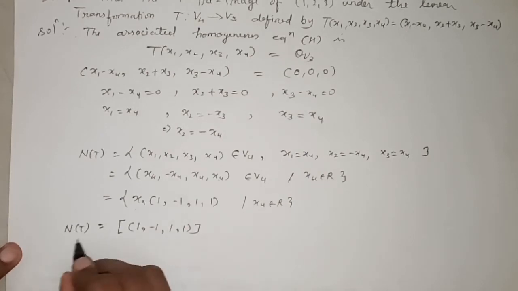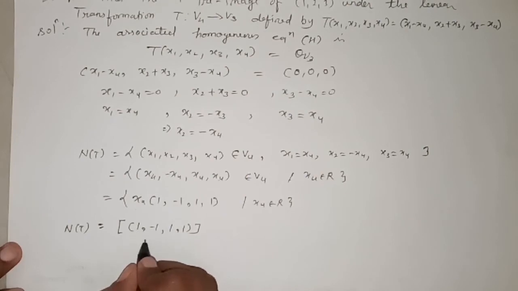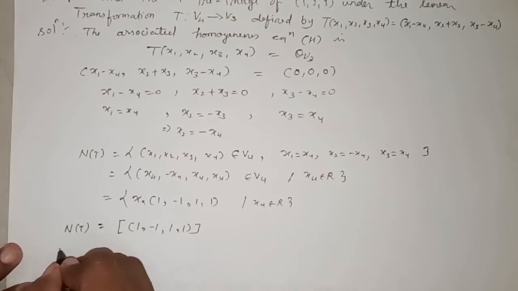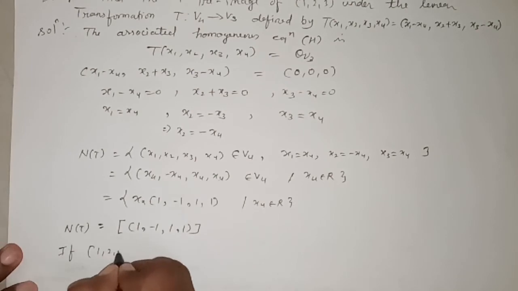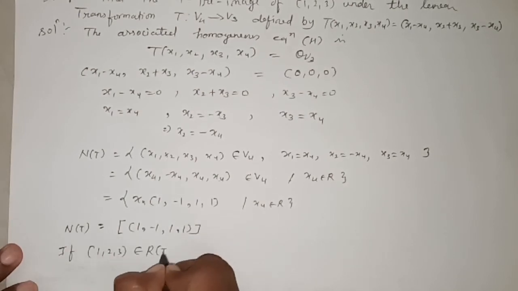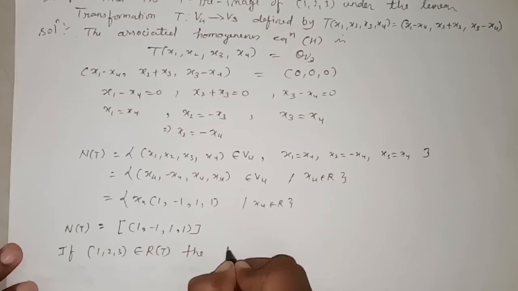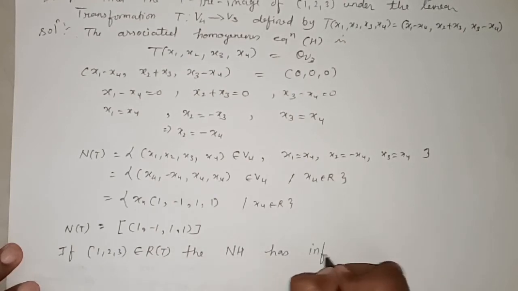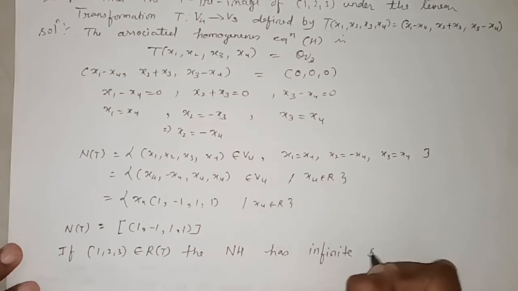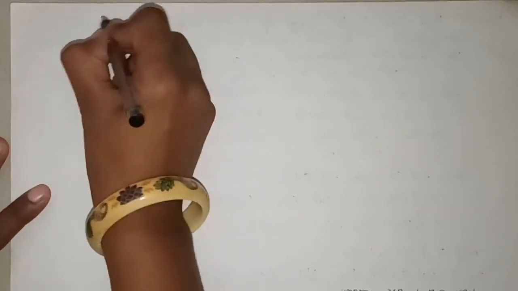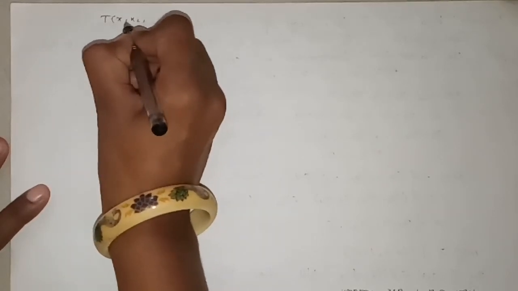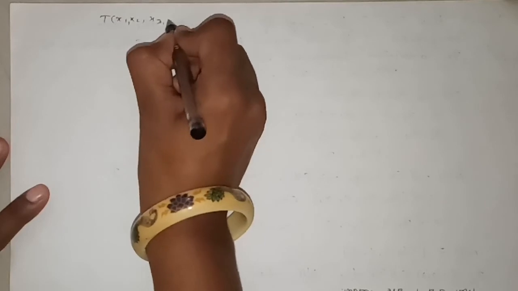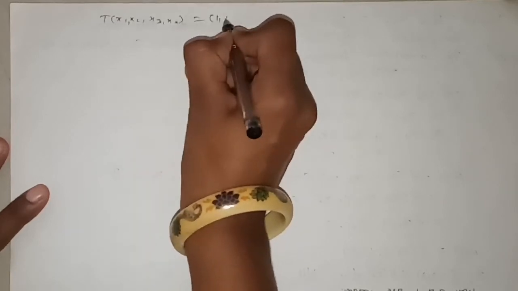See here, our null space of T has a nonzero solution. So we can say that if (1, 2, 3) belongs to the range of T, then the non-homogeneous equation has infinite solutions. Therefore T of (x1, x2, x3, x4) is equal to (1, 2, 3).